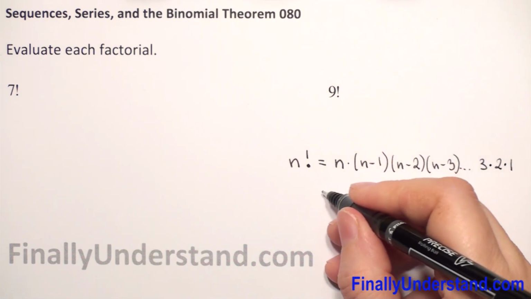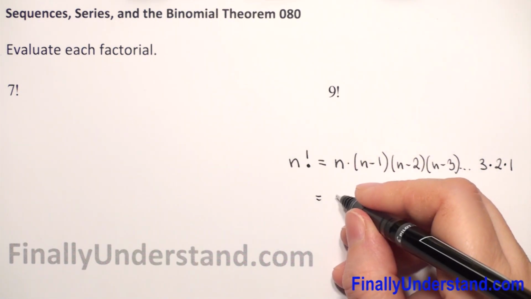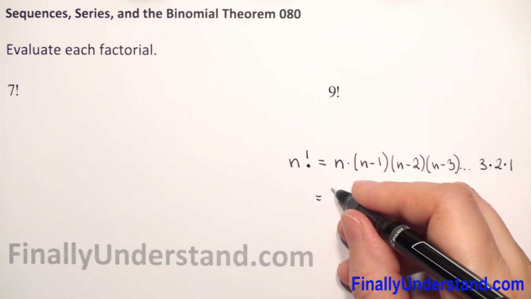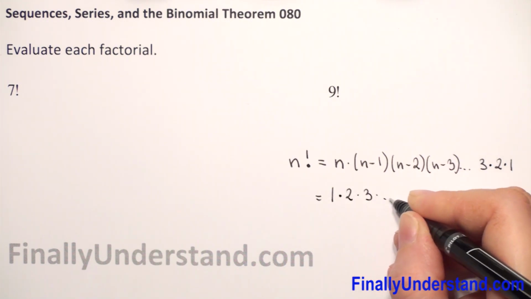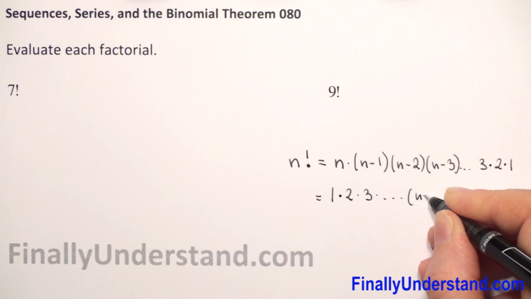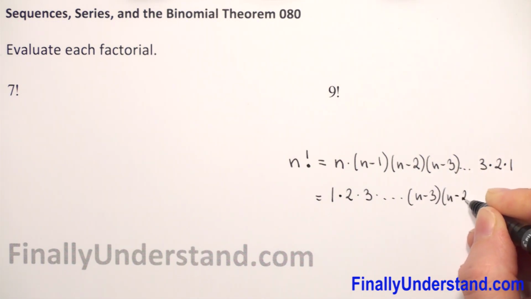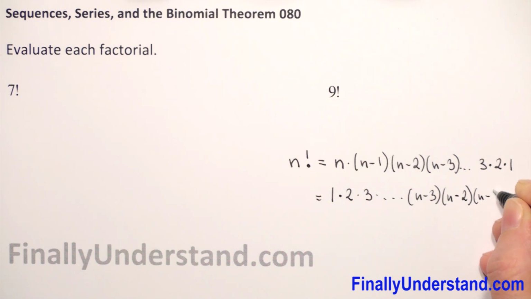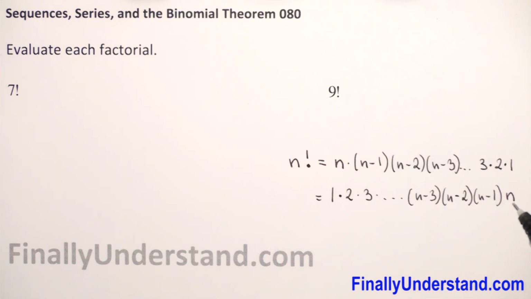We can write from 1 to n that n factorial is 1 times 2 times 3 times, and so on, n minus 3 times n minus 2 times n minus 1 until n. So n factorial represents the product of the first n positive integers.